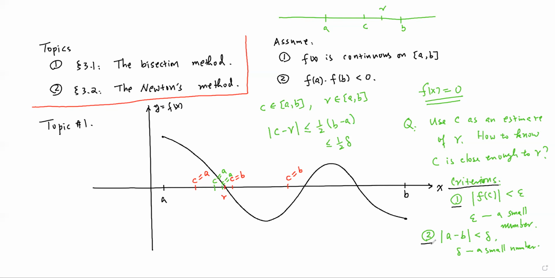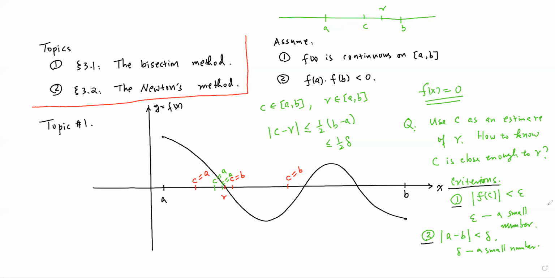However, these two criteria are not perfect. In some extreme cases, when the function value at C is very small, the midpoint C can be very far from the root.